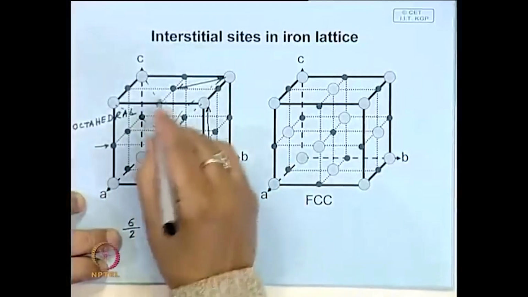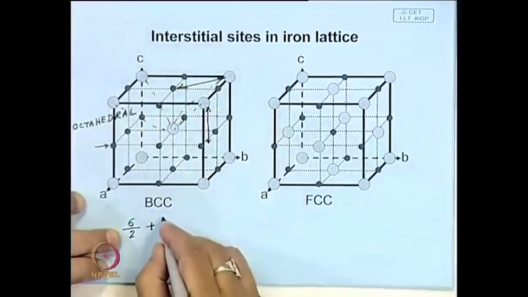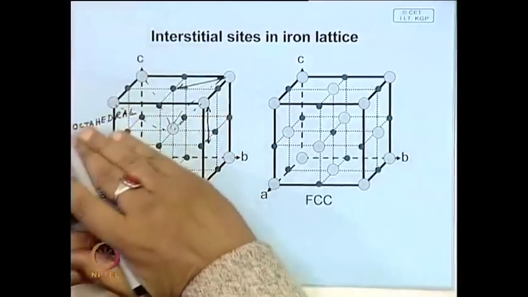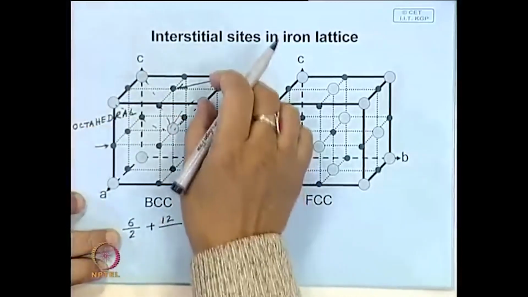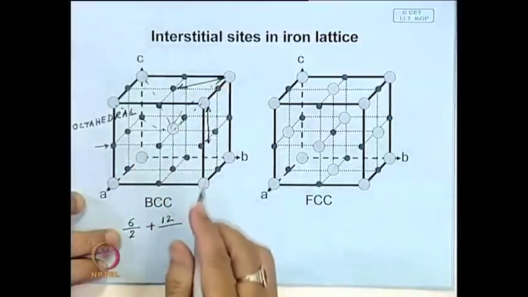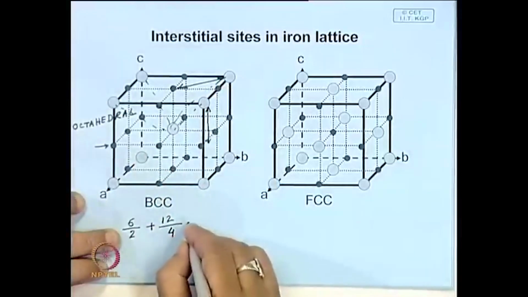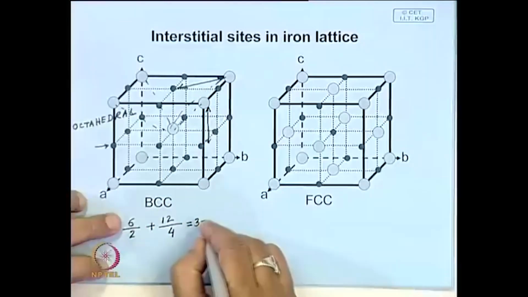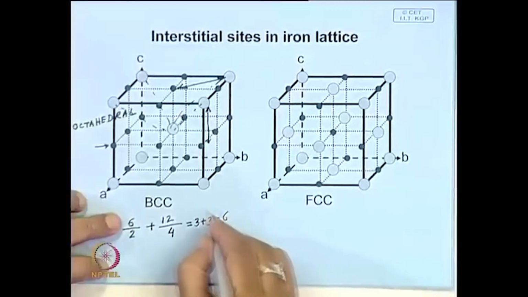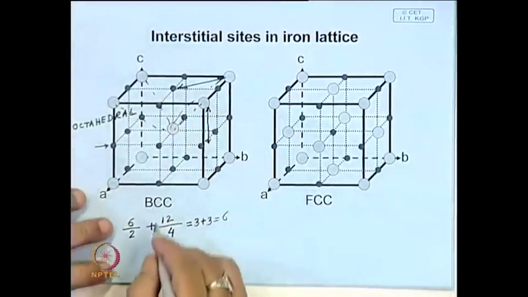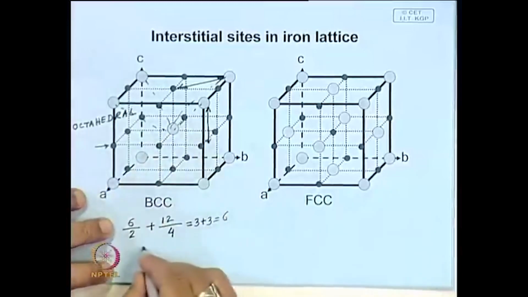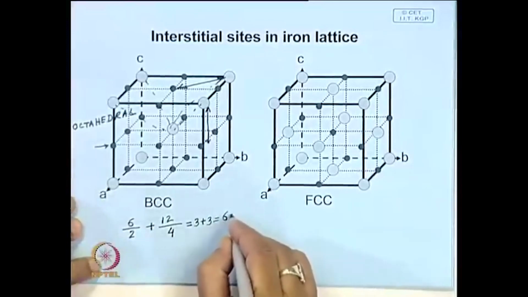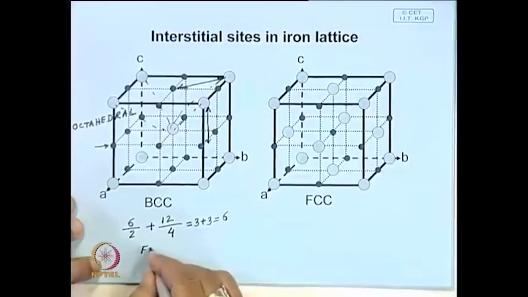Then you also have 12 edges, and along each edge you can have 4 such unit cells, so the contribution is 12/4. This comes out to be 3 plus 3, that is 6. In a BCC lattice you have 2 atoms per unit cell. So, you have 6 likely interstitial sites per unit cell, and 2 iron atoms.